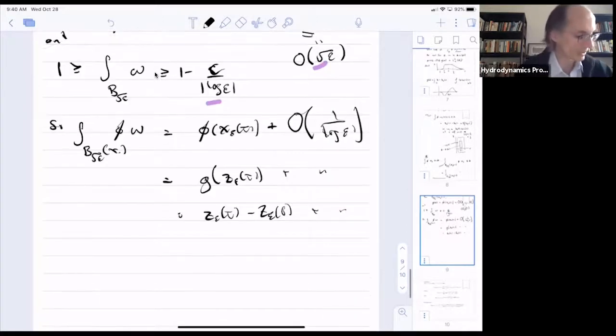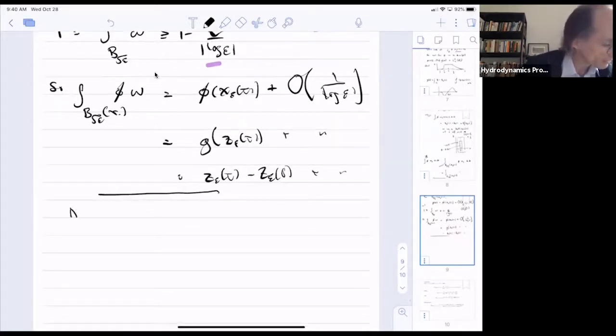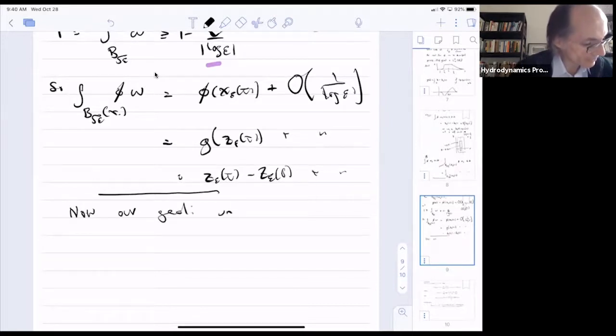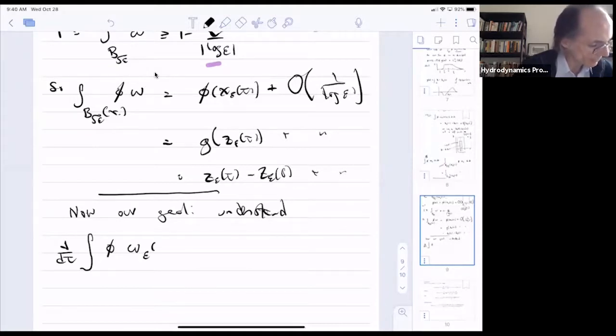And so now our goal is to understand the tau derivative of this phi and omega epsilon.